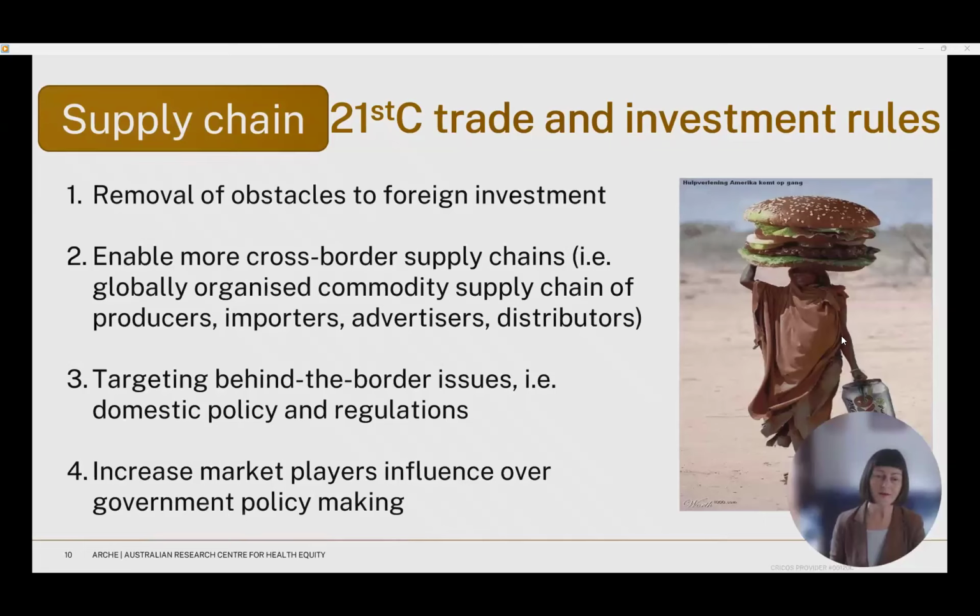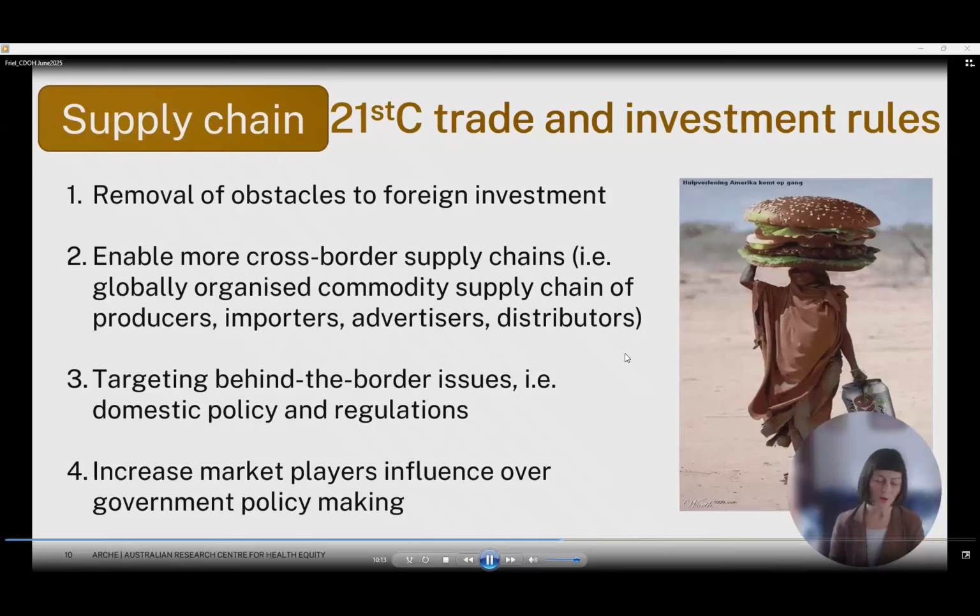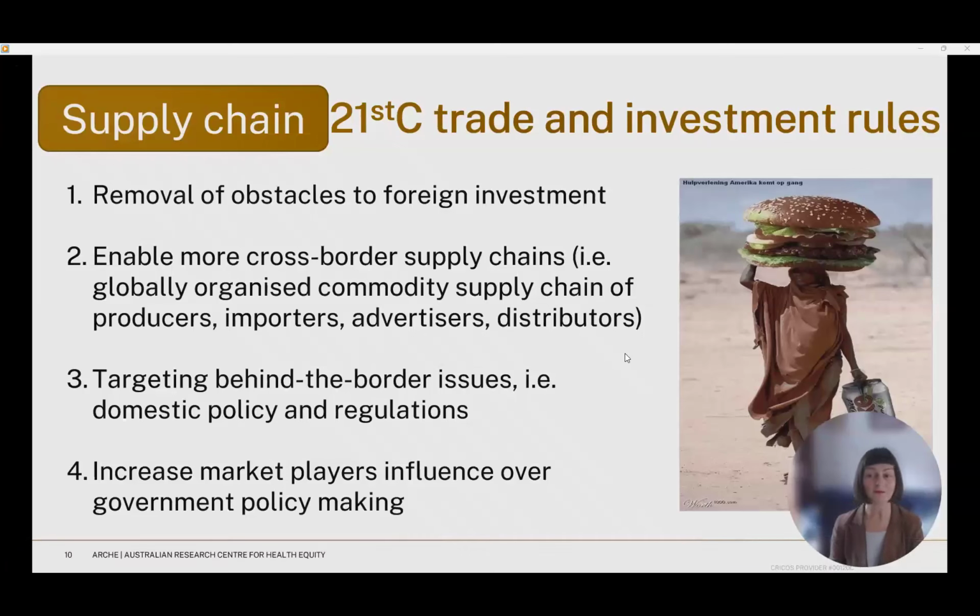Another practice that's used universally is supply chains. Companies might own all the way from the seeds that grow the wheat used to produce the burger buns, for example, given the image I've shown here. And they own that whole commodity supply chain, from producers to importers, the advertisers, the distributors as well.